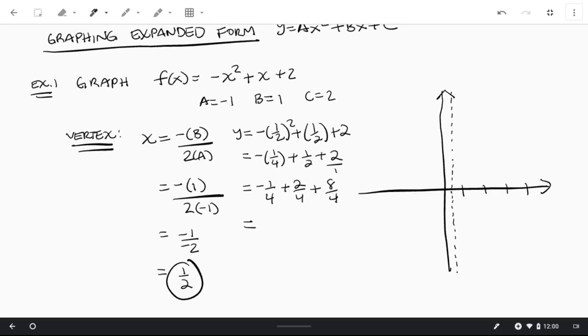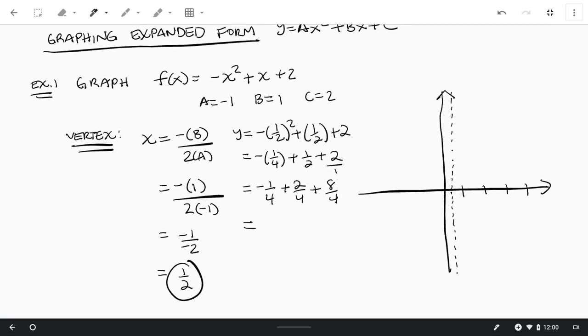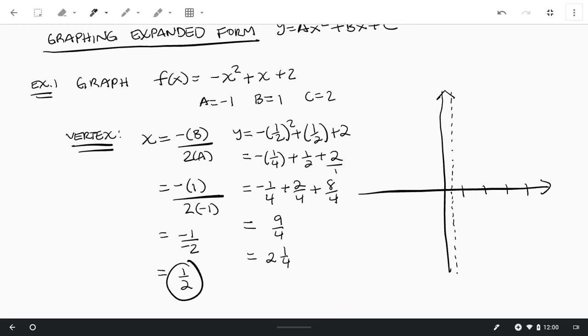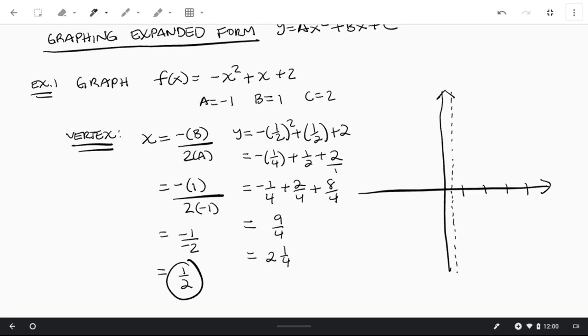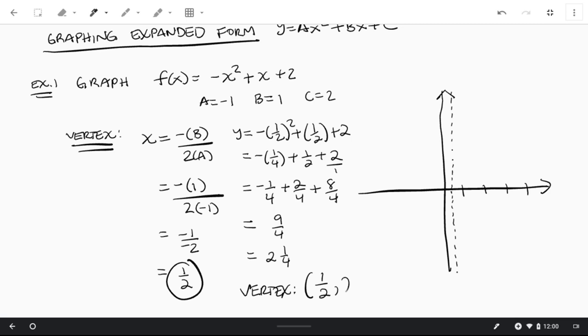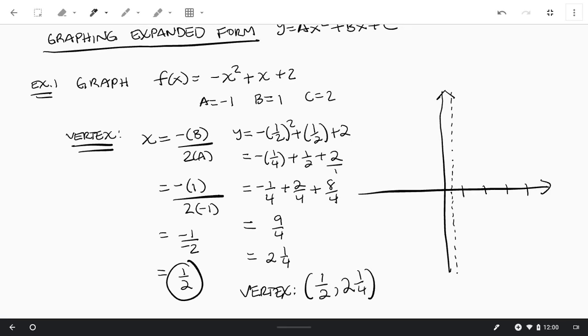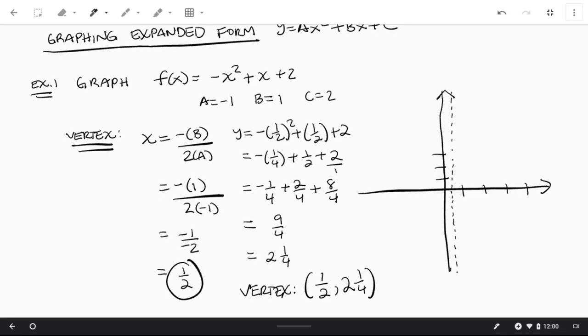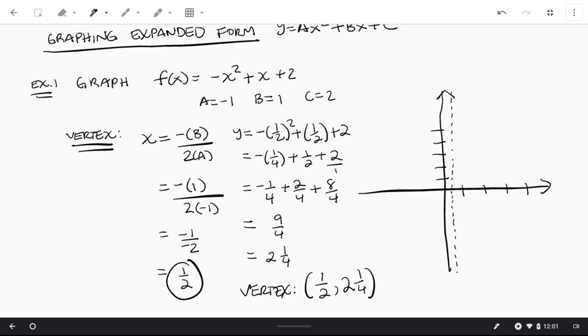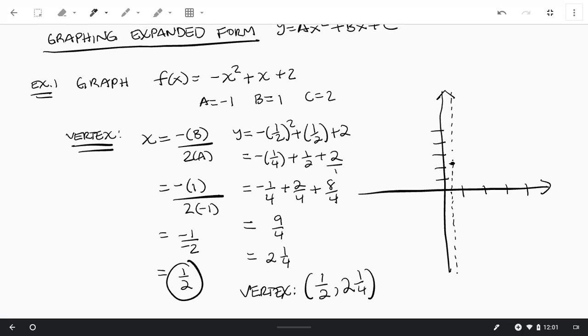And then all together here, I get 9/4. Okay, which is 2 1/4. Okay, so then that means that my vertex is at the point 1/2, 2 1/4. Okay, so let's go ahead and plot that. So 1/2, 2 1/4. So right around here.